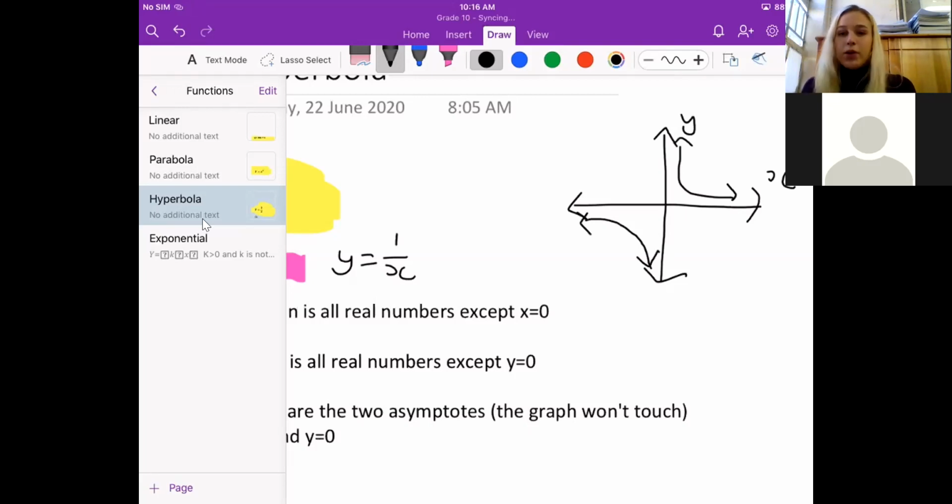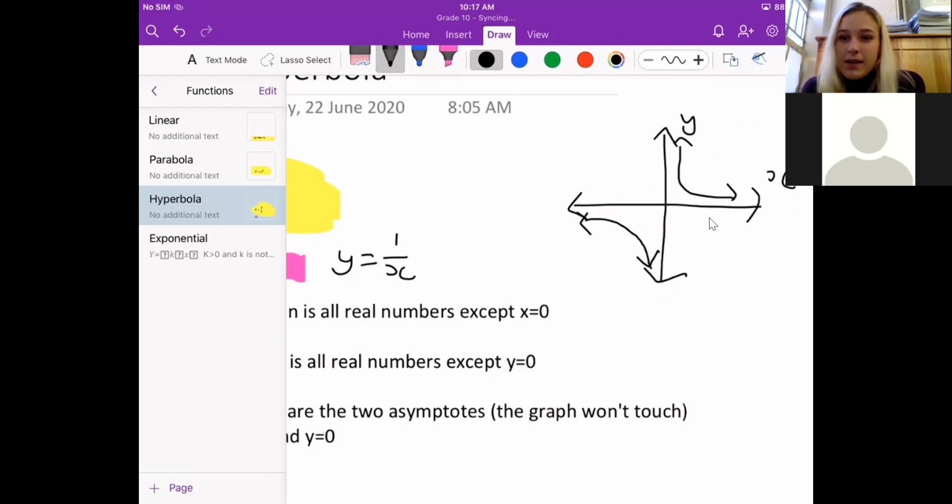So if we were to talk about what's actually happening, as our x values increase towards 0, my y values decrease all the way down to negative infinity. And as my x values pass 0, they're back up at infinity and they come down. And as my x values continue on, they just travel towards 0.